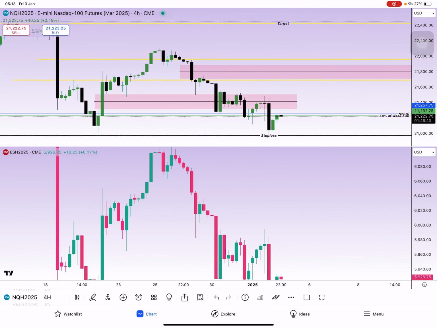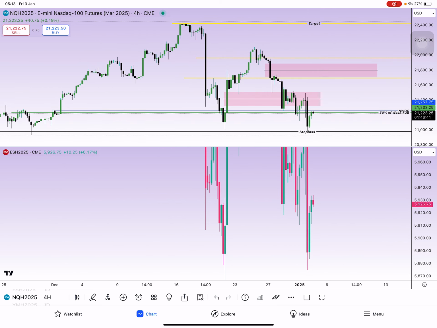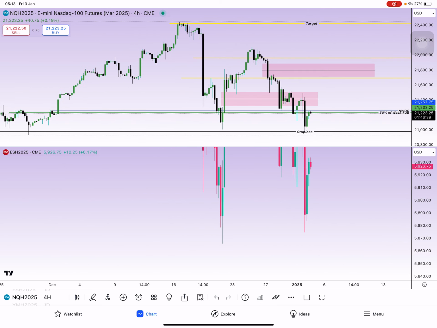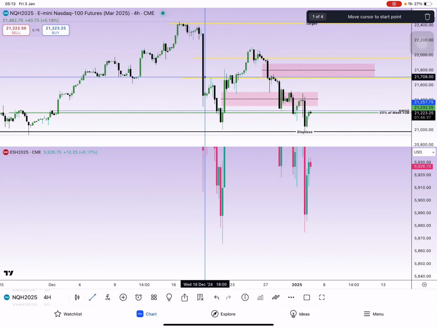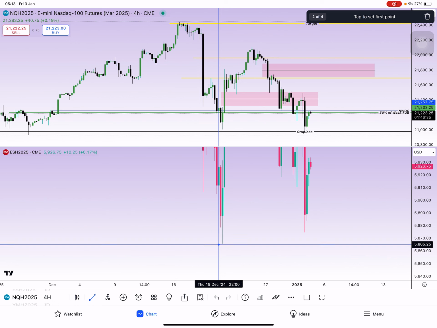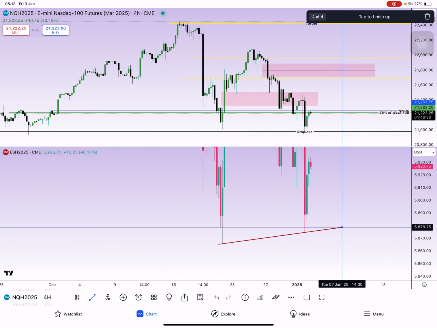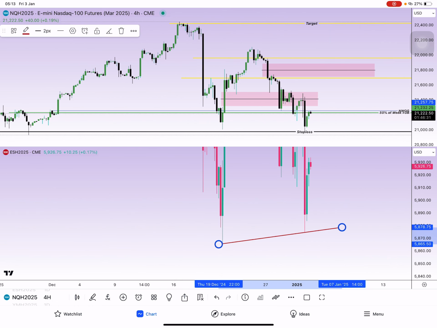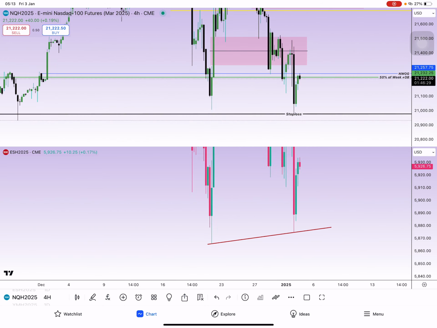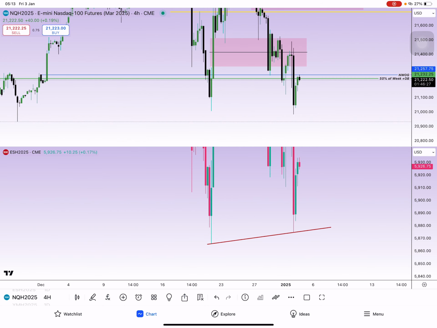we have these lows on ES. If you see, it has not taken this low, whereas I will take these markings out of here.